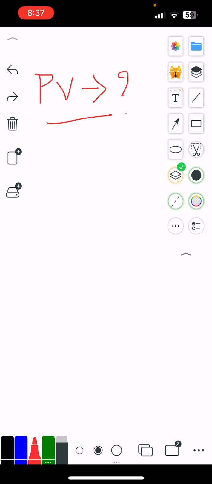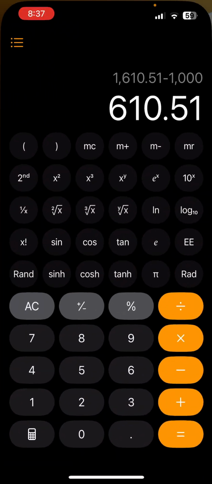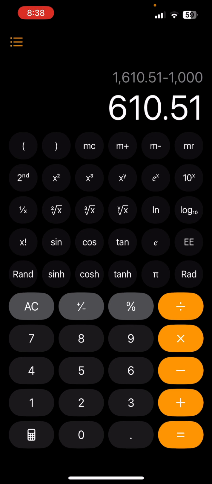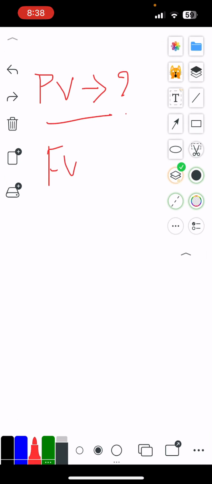You know what the future value is because obviously you know how much you want at the end of 5 years. So let's say we use the same figure over here. Let's say you want $1,610.51 future value, and you know the term is 5 years.